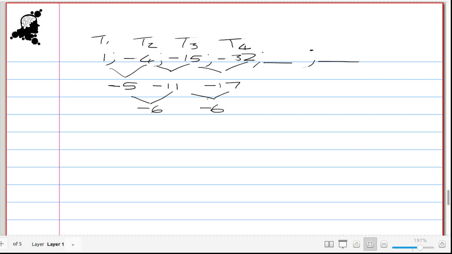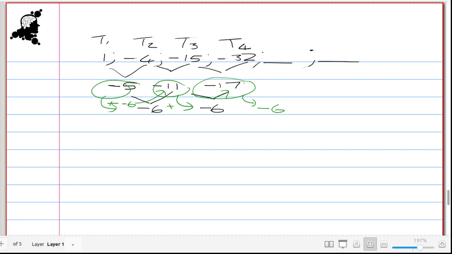So how do we determine the next two terms as the question asked us? This is what I would do. I know that negative 5 plus negative 6 gives us negative 11. Negative 11 plus negative 6 gives us negative 17. So that should tell us negative 17 plus negative 6.